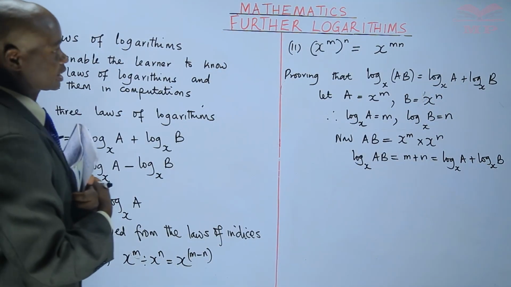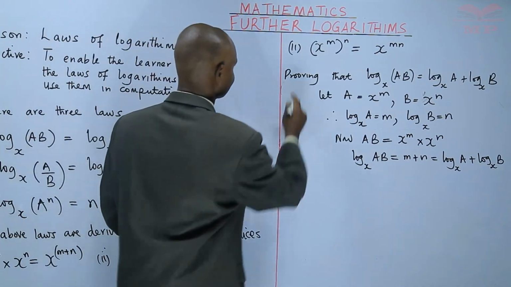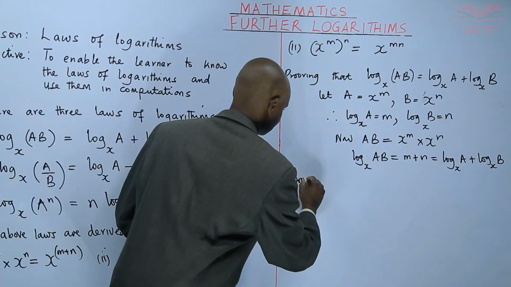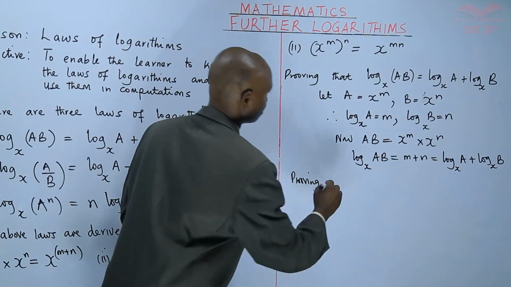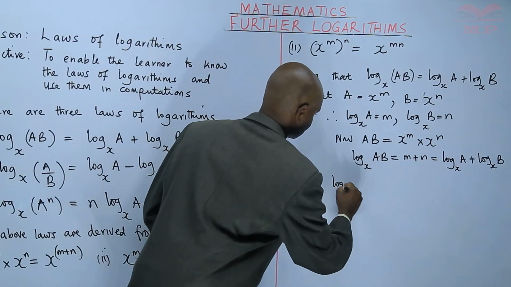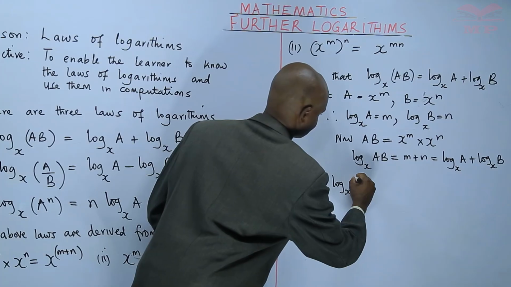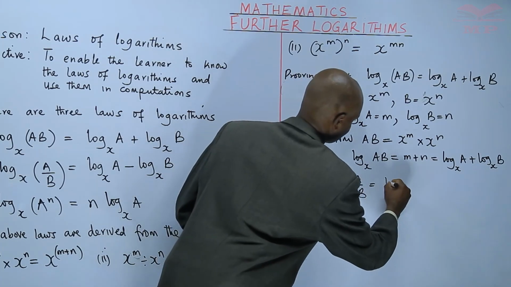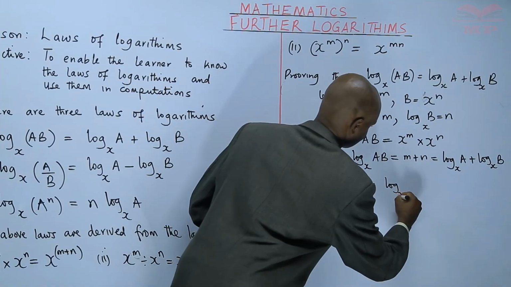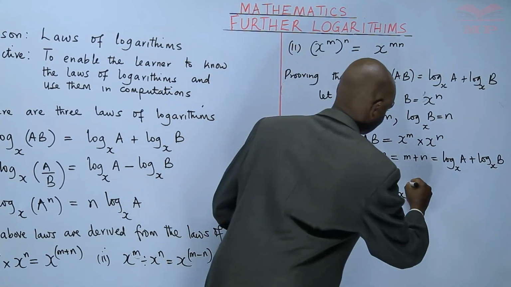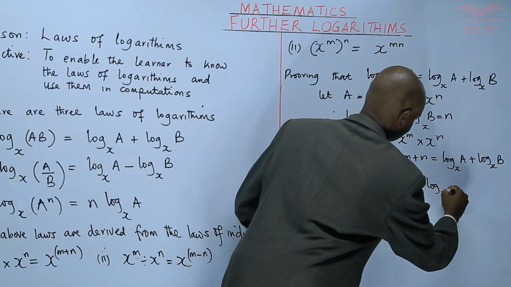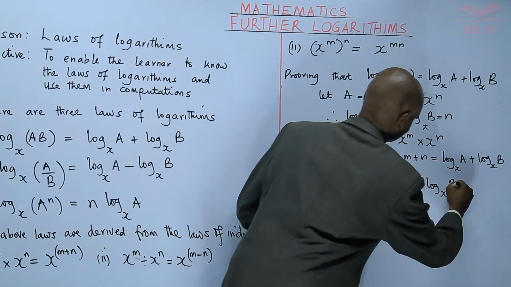So when you come to the second, it will just be the same. You want to prove log base x of a over b is equal to log base x of a subtract log base x of b.